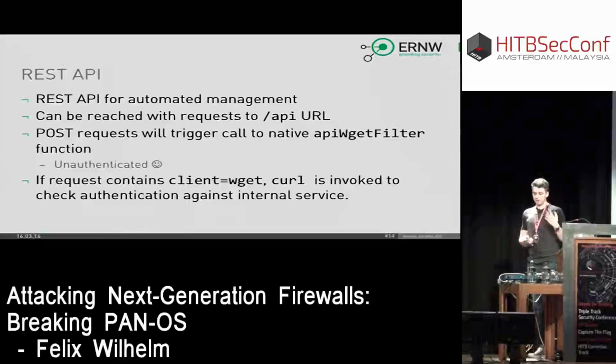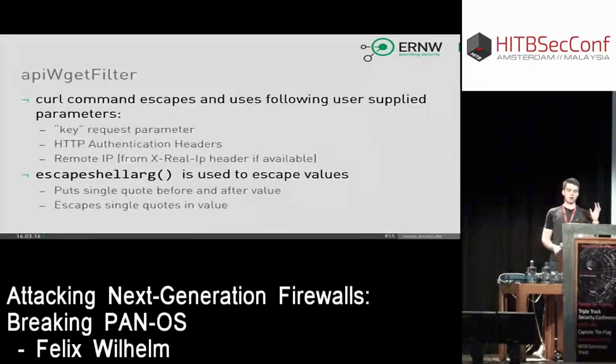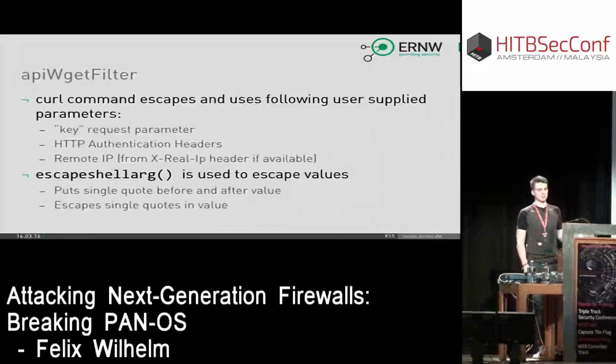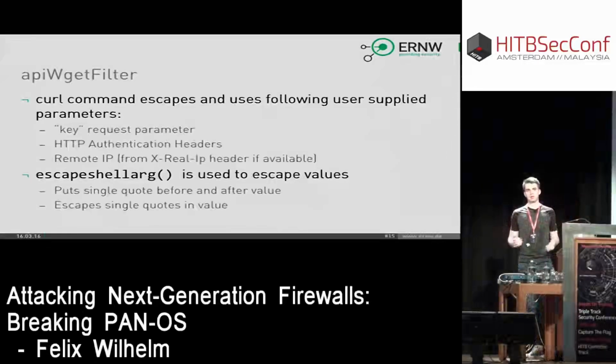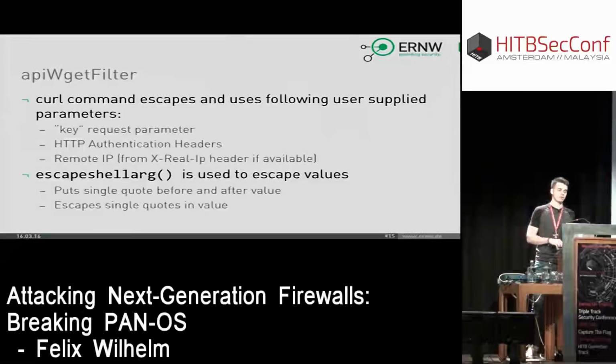And the fun part about that is that this curl command uses some user-supplied input parameters. So they basically generate a dynamic invocation to curl, talking to this local service. So you can use this to influence the command a bit.